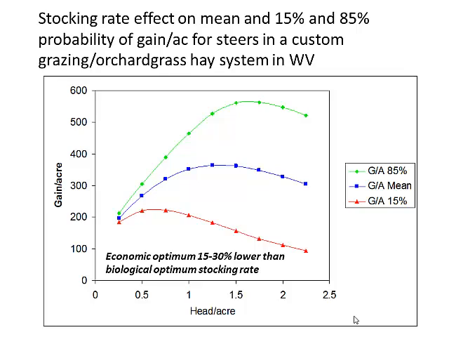Okay. Now, what happens to gain per acre, pounds per acre, as we add those, from 1/2 a head per acre up to 2 1/4 head per acre? Middle line, we go up to 300, maybe 350 pounds per acre as we add animals.